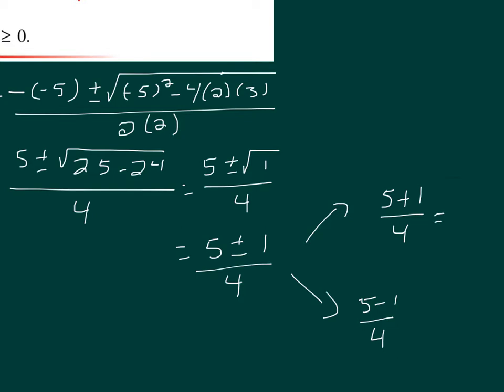Well, the top one becomes negative 4 over 4, and the bottom one becomes negative 6 over 4, which reduces to negative 3/2. Those are our two solutions, the two values for x that will make my original equation true. And that's all we have to do. It's just plugging in and working through the equation, using arithmetic to simplify.